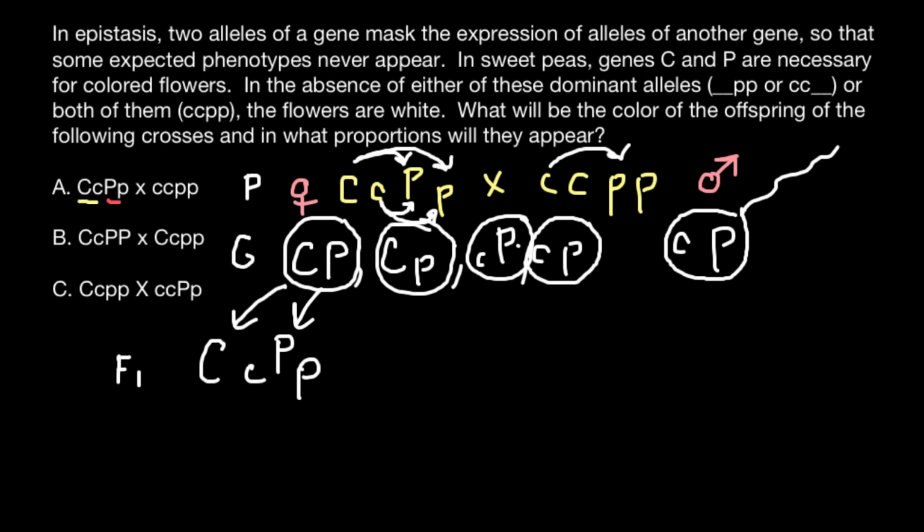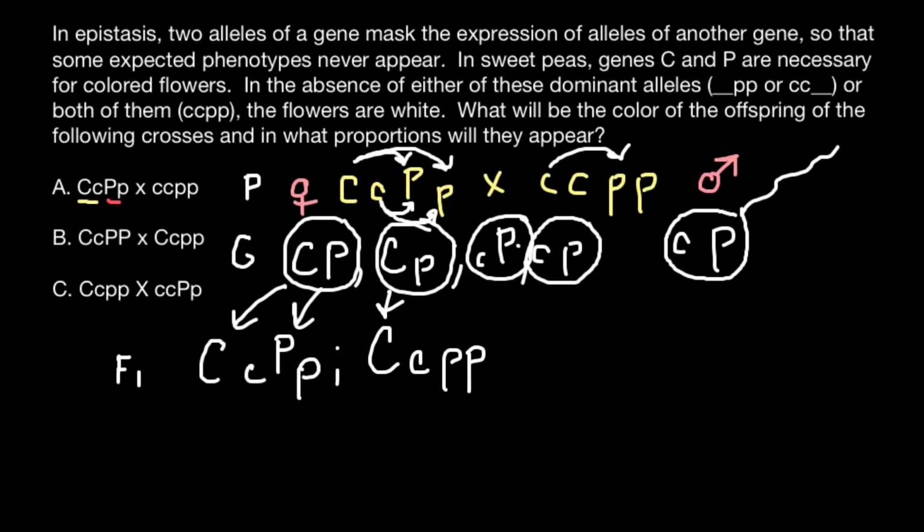As you see, once again, this is going to be a diploid organism, this is haploid, and the parental generation, of course, also would be diploid. So this would be the first possible genotype. The second possible genotype would be capital C and small p, small p.